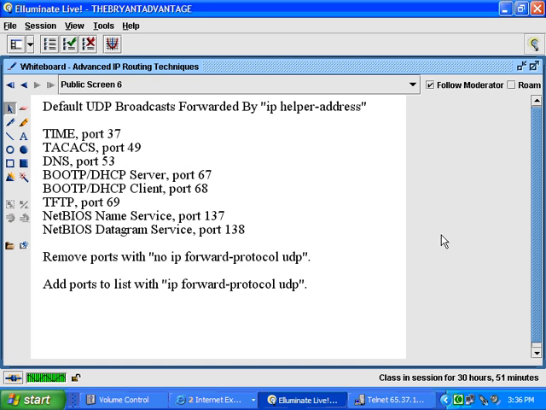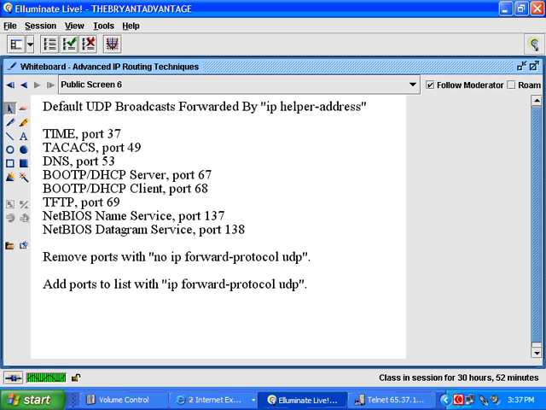These are the default UDP broadcasts that are forwarded by IP helper address. I think it's an excellent idea for the exam for you to know all 8 of these. Time, TACACS, DNS (remember DNS runs on UDP and TCP), the BootP DHCP server, BootP DHCP client, TFTP, which is a very common Cisco technology.